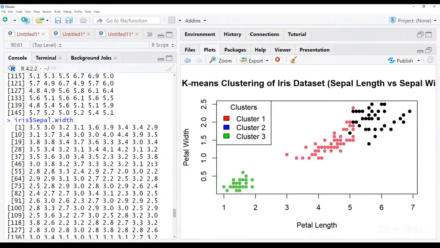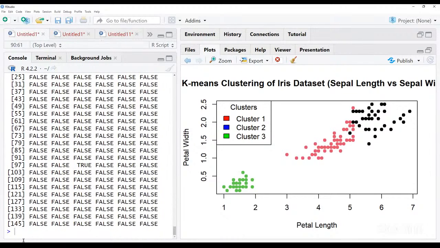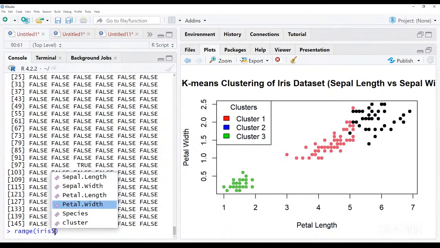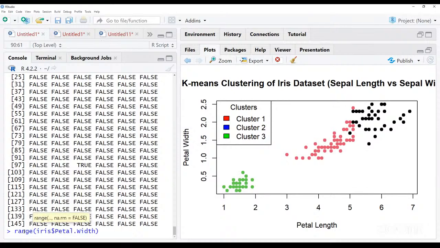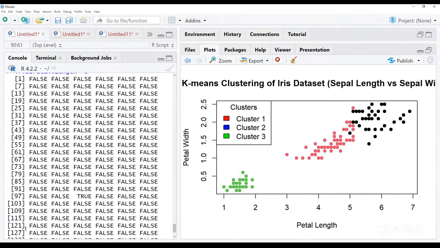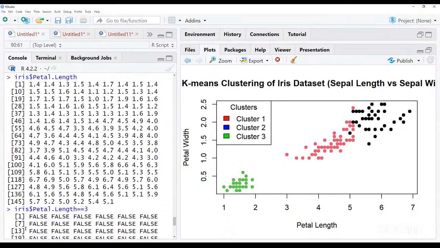You write down range, bracket, iris dollar petal width. Enter. It shows 0.1 is there. That means data is there. Yes, sir.